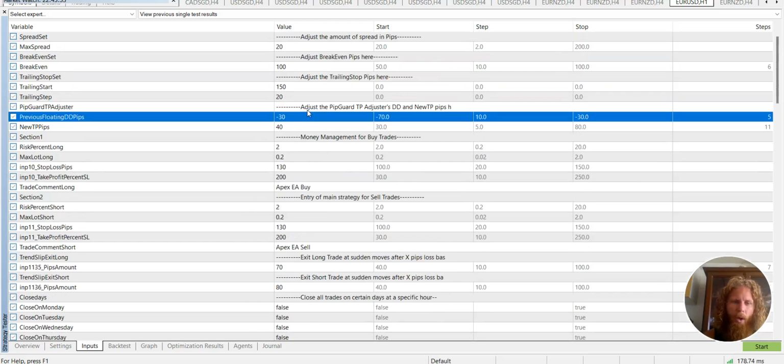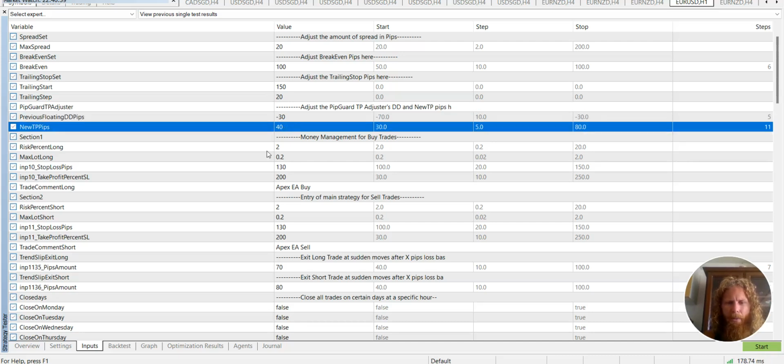I added one parameter, one feature that I have never in my life seen in any EA, and it is a custom feature that I coded, which is very simple yet very effective. It works in the following way. You have one parameter which is going to measure your last trade, and if it hits X% or X pips of drawdown, for example 30 pips drawdown, then your take profit is going to be changed to this number.